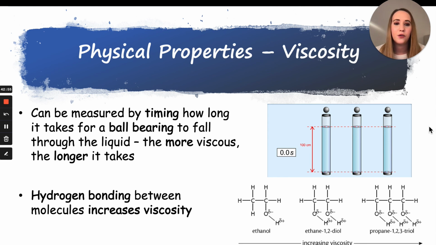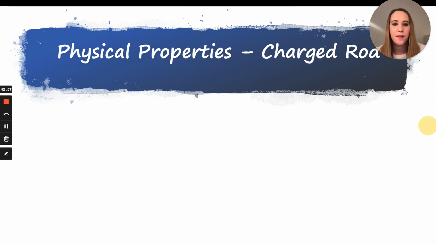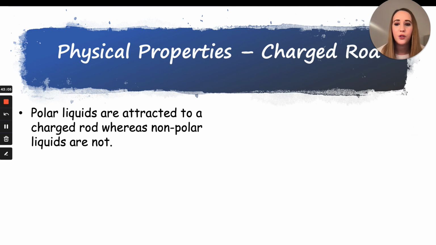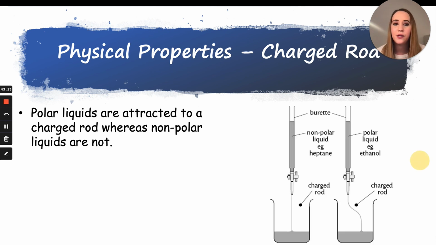Okay, so watch out for viscosity, and then the other one just to be aware of is the attraction that a liquid has to a charged rod. This is a straight-cut polar, non-polar situation. If you have a polar liquid, then it will be attracted to a charged rod.